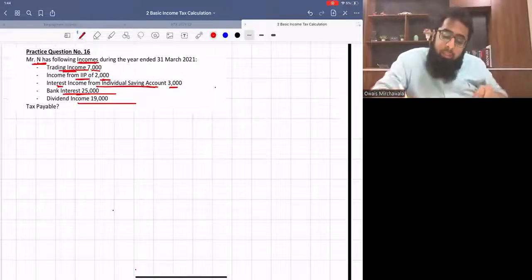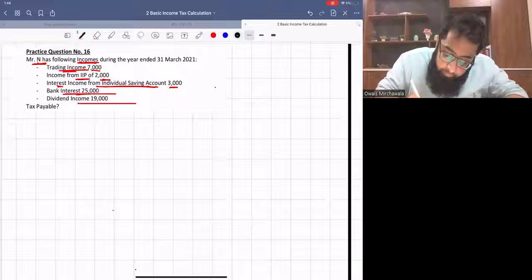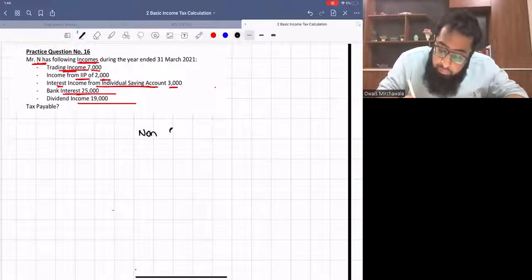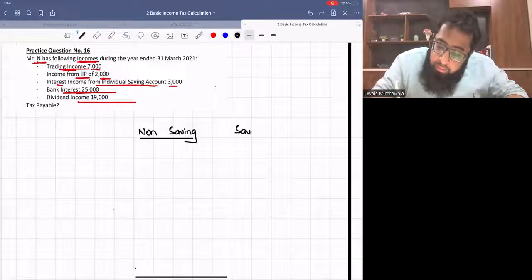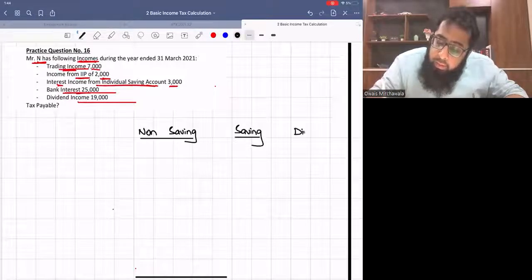Okay, let's start making the tax return. The first head of income is non-saving, then saving, and then dividend.